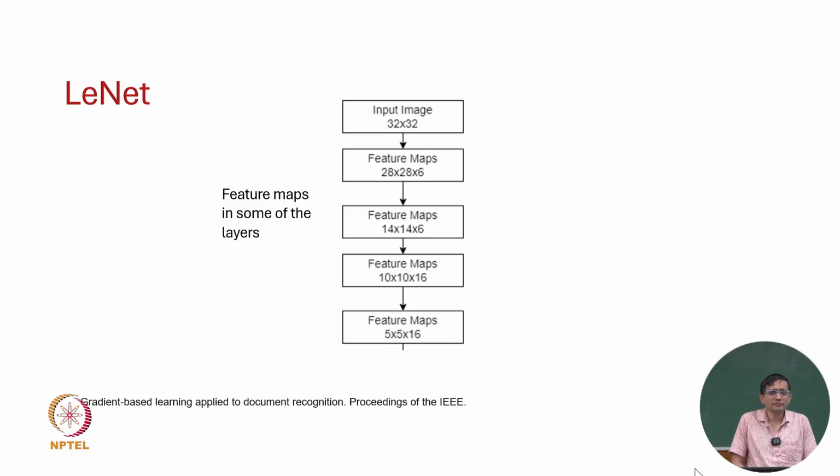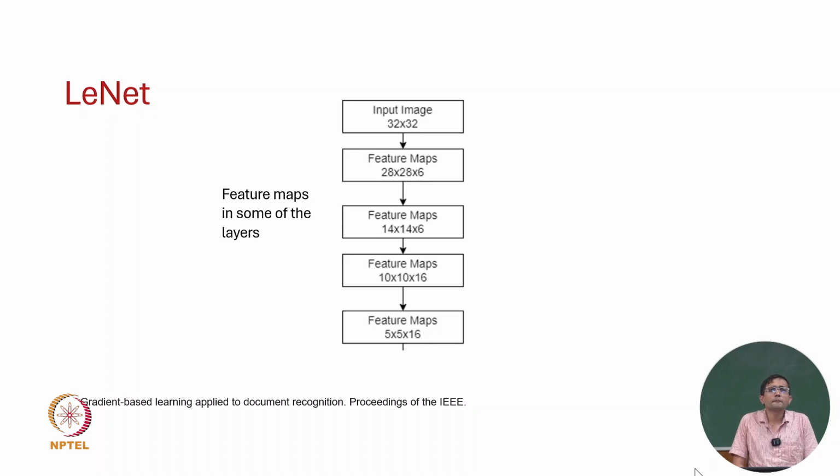So at that point of time, this was the image of our interest. In this slide, what you see is not the entire architecture, rather the progression of the feature maps in some of the layers. So almost all the layers are covered. There are a couple more fully connected classification layers, which we have skipped here in this picture.